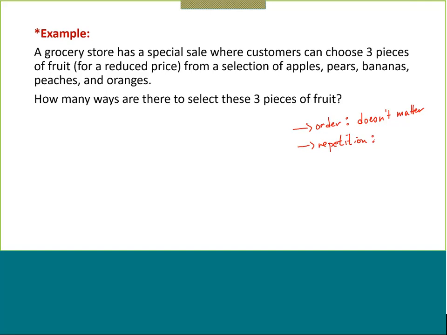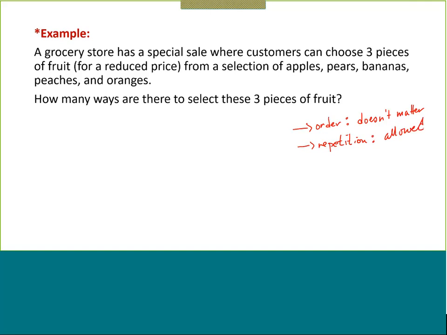I picked bananas because that was the first one that I saw. You take your 3 bananas up to the store, would you be surprised if when you were getting rung up, whether it was self-checkout or with a person, they tell you, I'm sorry, this sale is only if you have 3 different types of fruit? Yeah, I would be surprised too. Okay, so this one here, repetition is allowed.